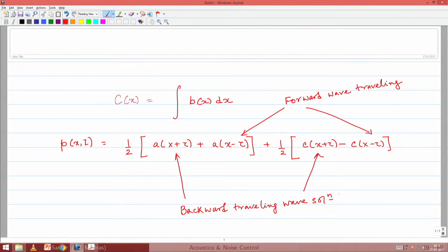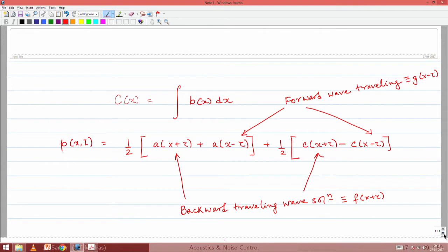So, these two taken together is basically f of x plus tau, which is half of a of x plus tau plus half of c of x plus tau, and the other part, the forward travelling wave, is g of x minus tau, the part which includes the argument x minus tau. So, we see how from the initial conditions we can break down the response in terms of two waves, the forward wave and the backward wave.